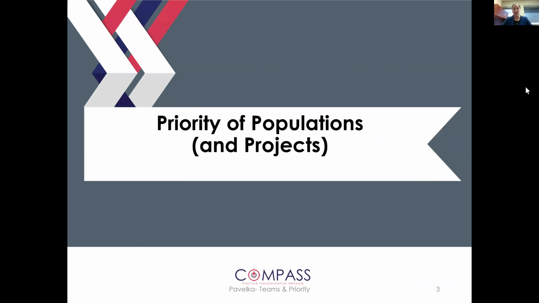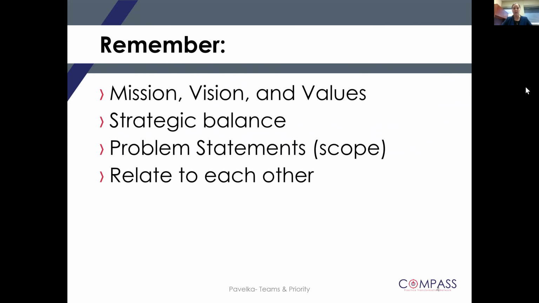So let's get started and talk a little bit about population and how we use those populations of people for your projects as we're talking about process improvement. First of all, we want to remember your mission, your vision, and your values within your organization. Why is this important? Well, when we think about picking a group of people to help you with process improvement from a population standpoint, we want to think about what's important to our organization.